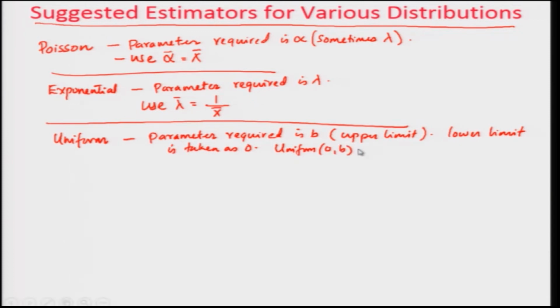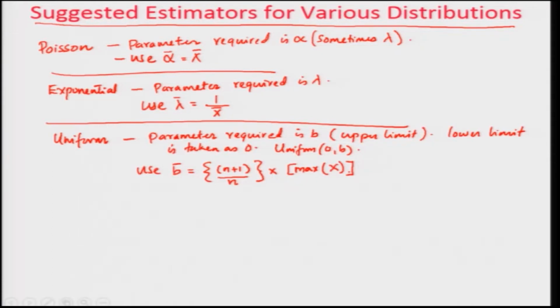Okay. That is the case, then you can use b bar is equal to, okay, n plus 1 divided by n times max value of x.